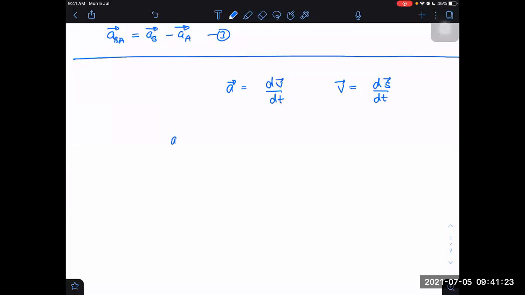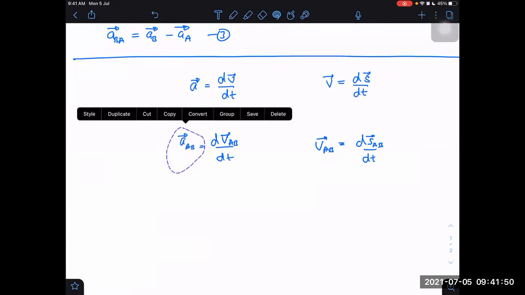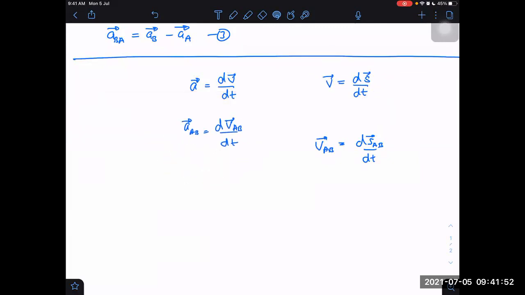Just in its place, we can now write acceleration of A with respect to B is equal to dv by dt, the velocity of A with respect to B. Similarly, velocity of A with respect to B, we can write as ds by dt. It means the equations of motion remain almost the same. If there are subscripts on the left hand side, then there will be subscripts on the right hand side. If it is A with respect to B, that also should be A with respect to B.